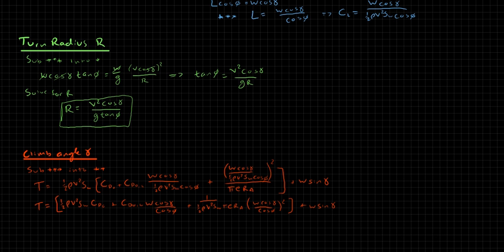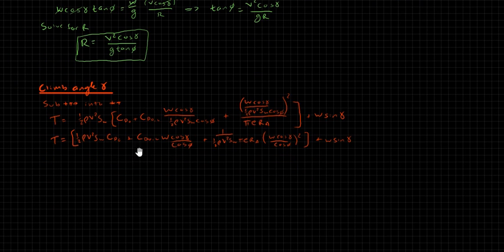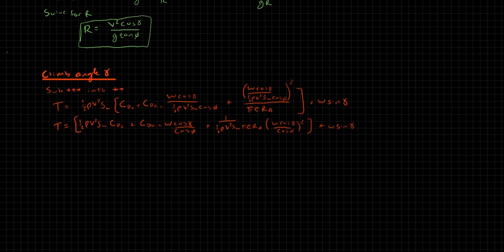Okay, and then from here we have a nice expression that we can solve to get sine of gamma. And here we're going to solve for sine of gamma instead of gamma explicitly.